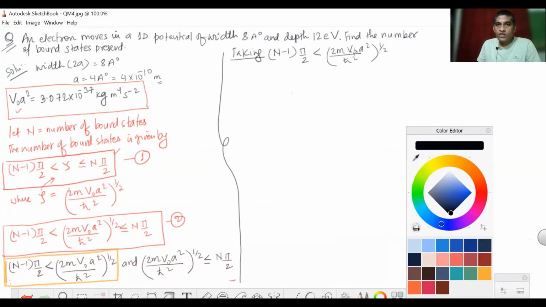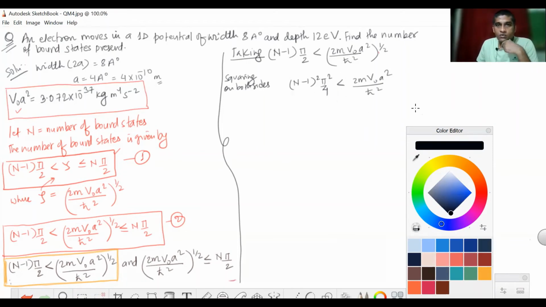We want V naught a square on the right hand side, so first we take square on both sides. Squaring on both sides, we have (n minus 1) whole square pi square by 4 less than 2m V naught a square by h bar square. On taking square on both sides, this sign does not change.